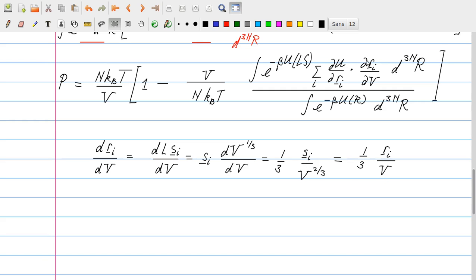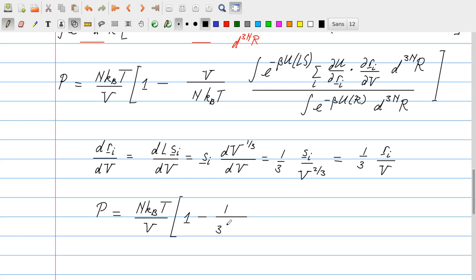And so we can restore that into this expression in order to get the virial theorem in its full form, and that's NkT over V. And then we have first the ideal gas term. And then we have, well, this factor of V cancels against this factor of V. We have an extra factor of 3.